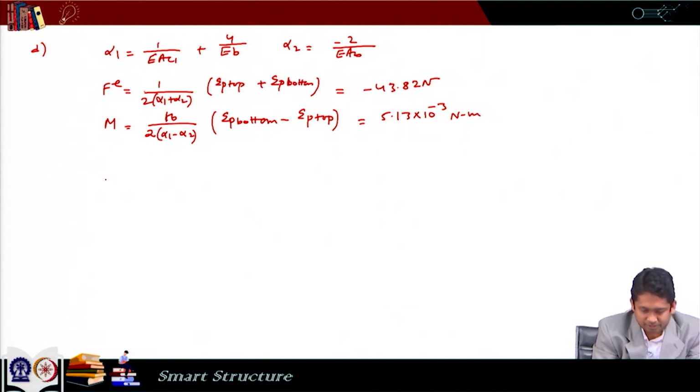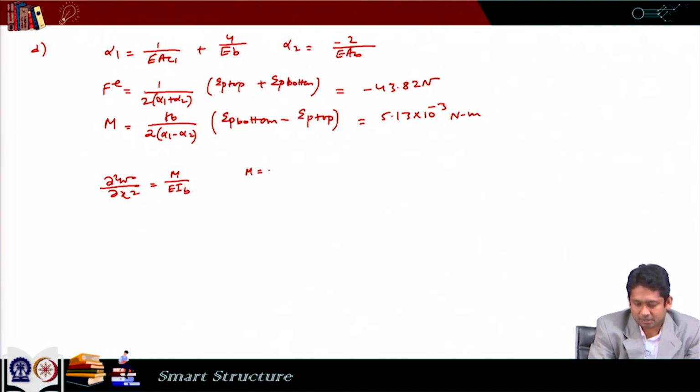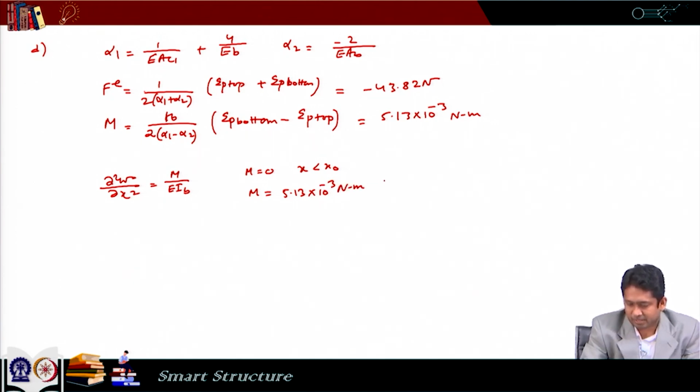The governing differential equation is d squared W by dx squared equal to m by EIB, where m is 0 when x is less than x 0, m is 5.13 multiplied by 10 to the power minus 3 when x is between x 0 and LC, and m is 0 when x is beyond LC plus x 0.